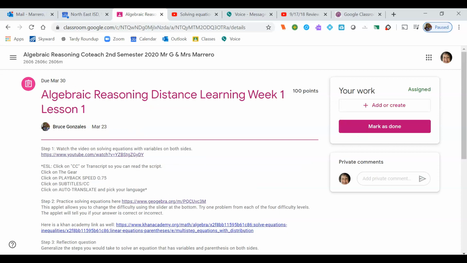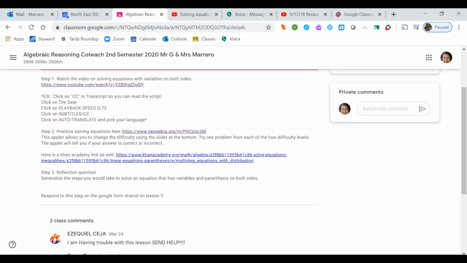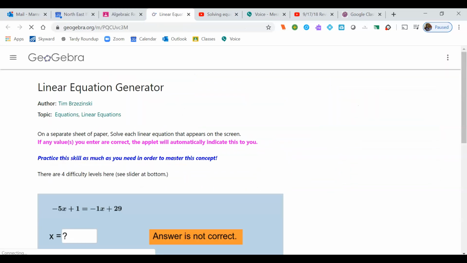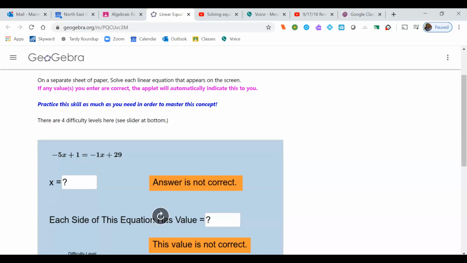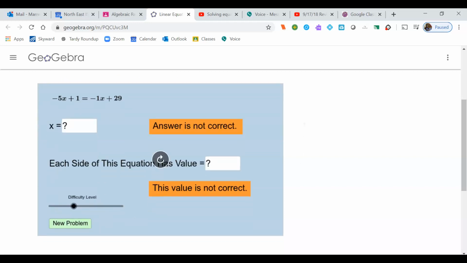Okay, second thing, practice solving equations here. All right, so on a separate sheet of paper, solve each linear equation that appears on the screen. If any values you enter are correct, the applet will respond, so practice this skill as much as you need. There are 4 difficulty levels here. All right, so hit this.